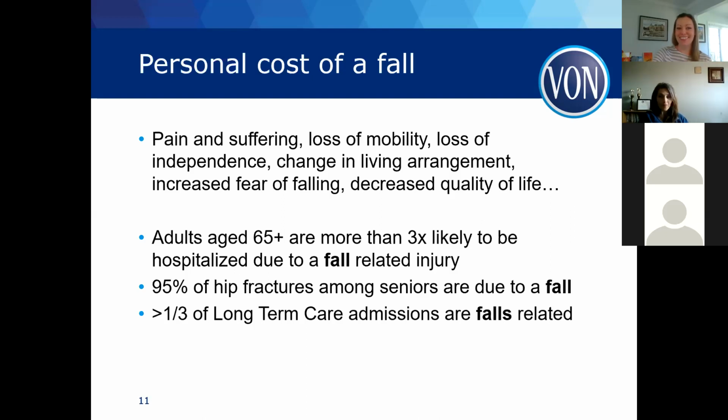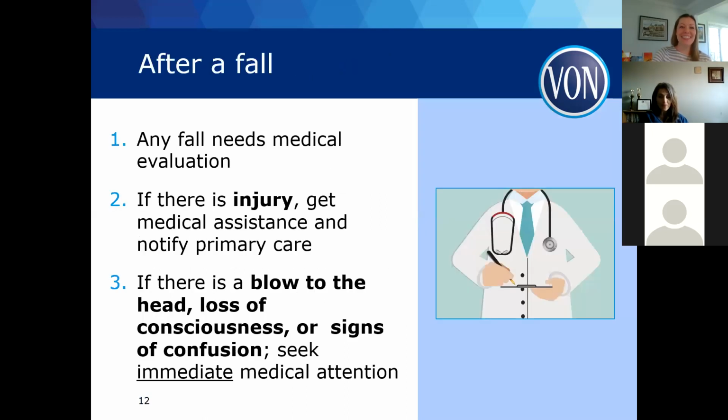No? Alrighty, good. So after a fall, this is something really important to go over with all the participants and clients that we do see. Number one, any fall actually does need a medical evaluation, because we need to figure out what might be causing it to help reduce our risk of it happening again.